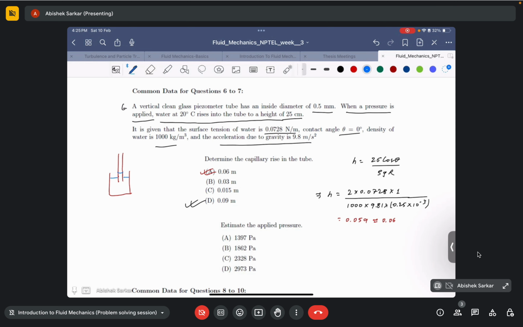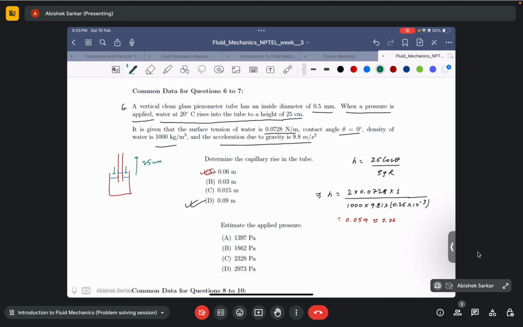Yes sir. But then they are saying that they are applying some certain pressure to this liquid, because of which the liquid has risen to a level of 25 centimeter.